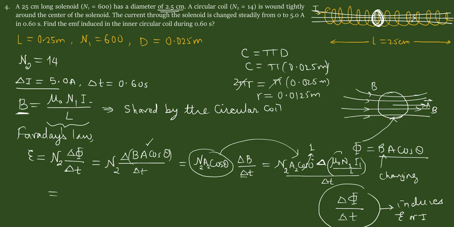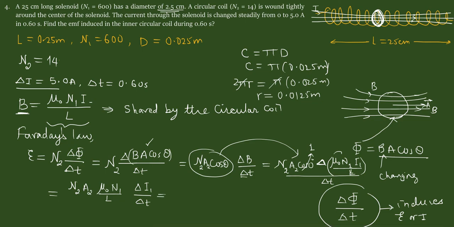So pull all the constant terms out of the delta. Cosine 0 degrees is just 1, so I will not write that. So we have mu naught, N1 over L, and then we have delta I, because it's changing, so I will keep the I inside the delta, and then we have delta T.